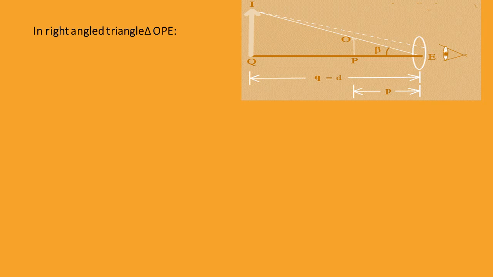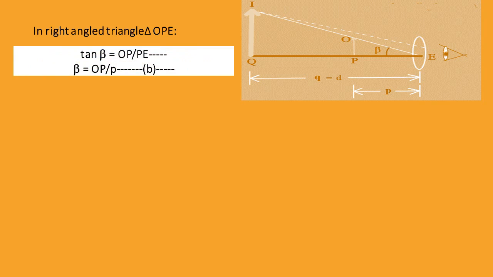If we consider right angle triangle OPE, tangent beta equals OP upon PE, and as you know tangent beta equals beta, so beta equals OP upon PE, which is our equation B. Since OP equals AB, which is the height of the object, as we considered AB the height of the object in the previous diagram, beta equals AB upon P, which is our equation C.